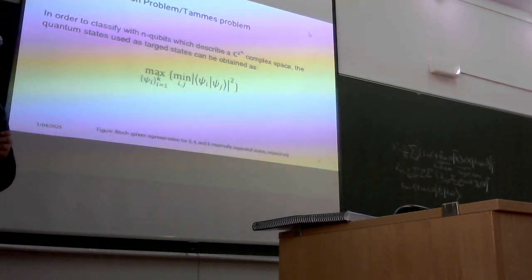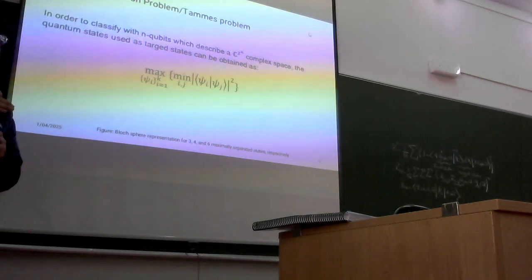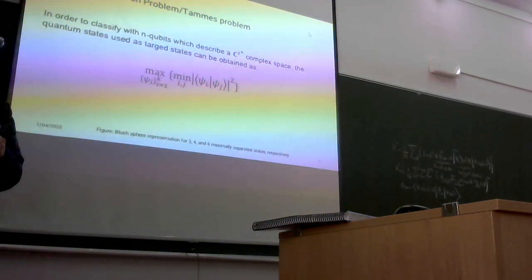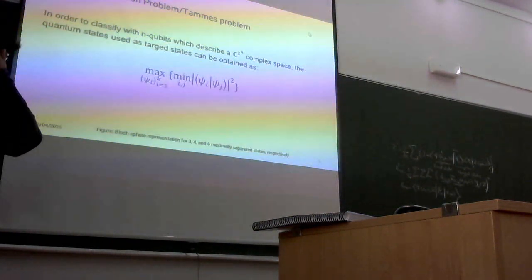And then I will optimize this minimum distance in order to have the maximum distance that can be obtained in the case where I'm working with minimum distances. So you're minimizing the fidelity, that's what it is, and then maximizing it.